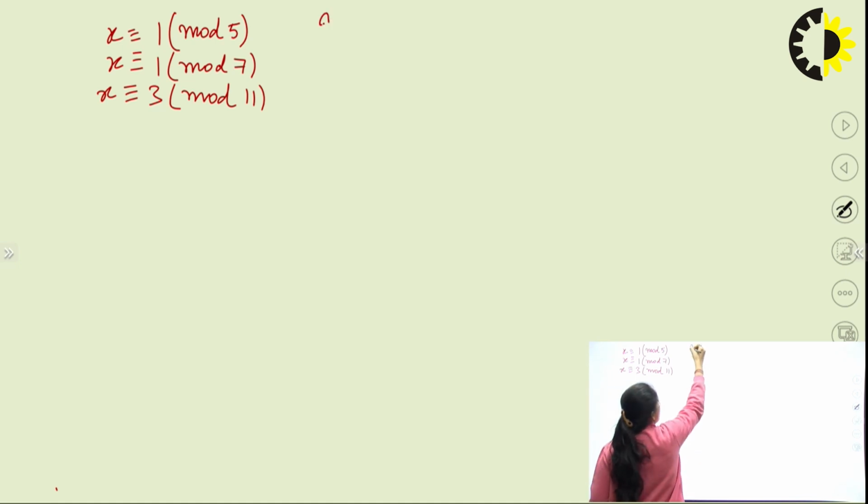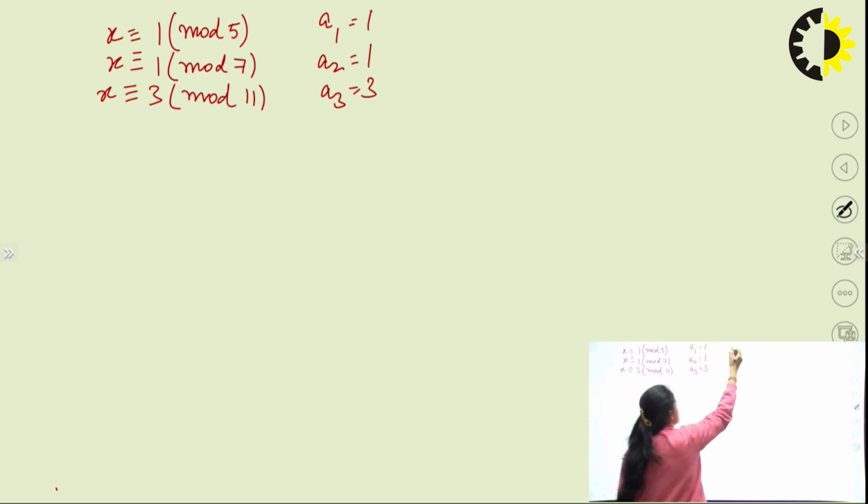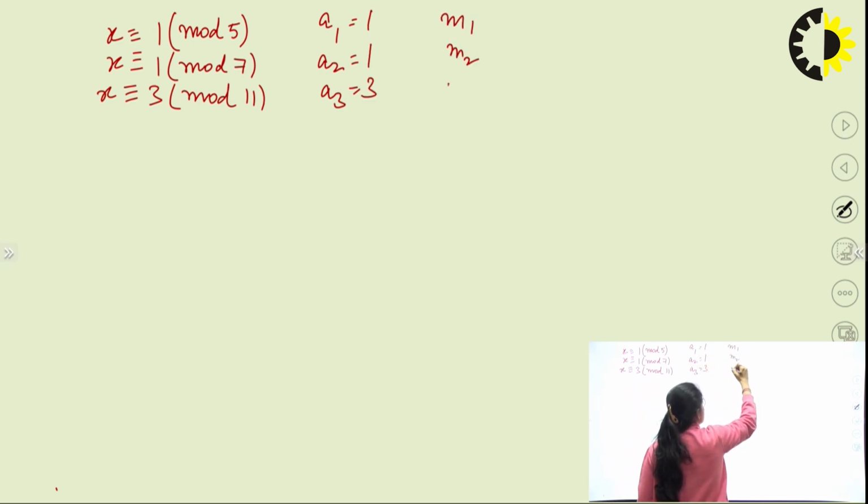Here we have a1, a2 and a3 as 1, 1, 3, and the values of m1, m2, m3 as 5, 7 and 11.